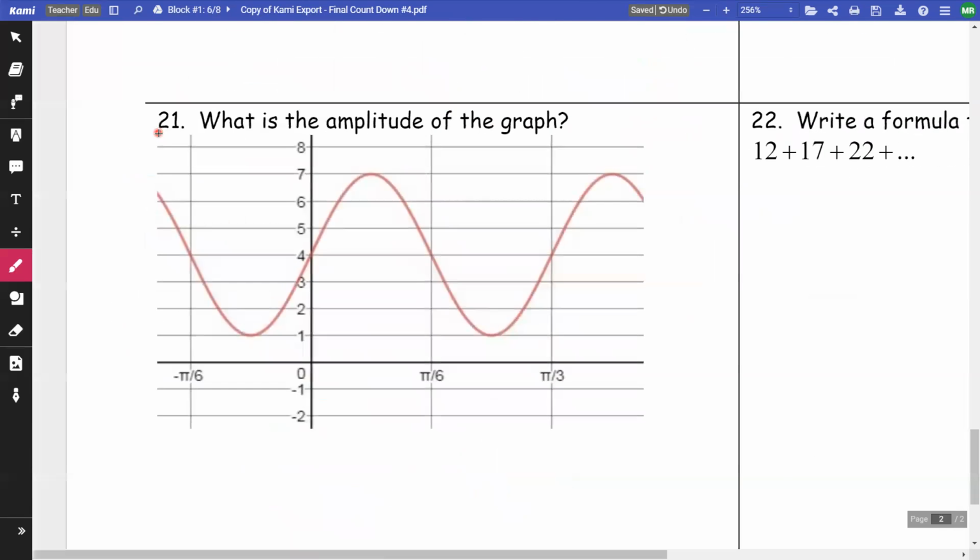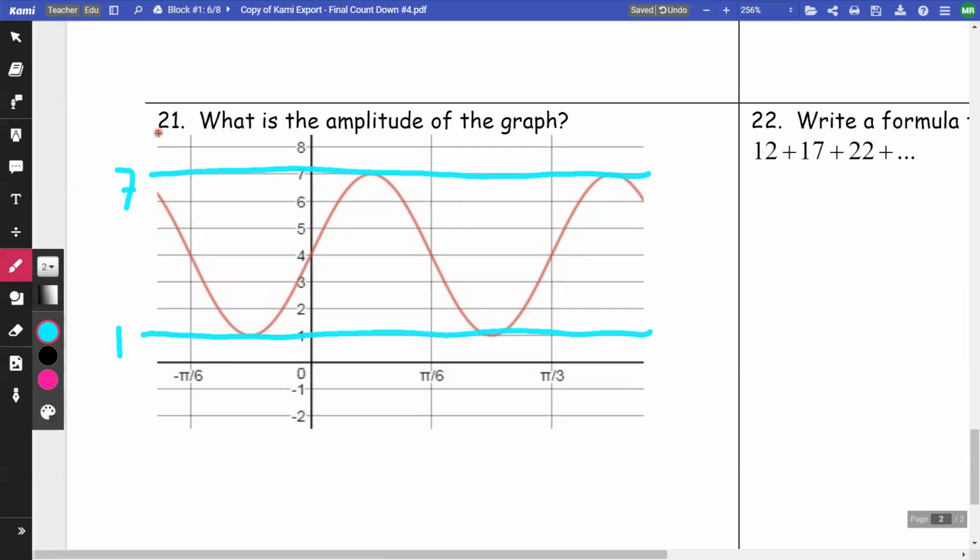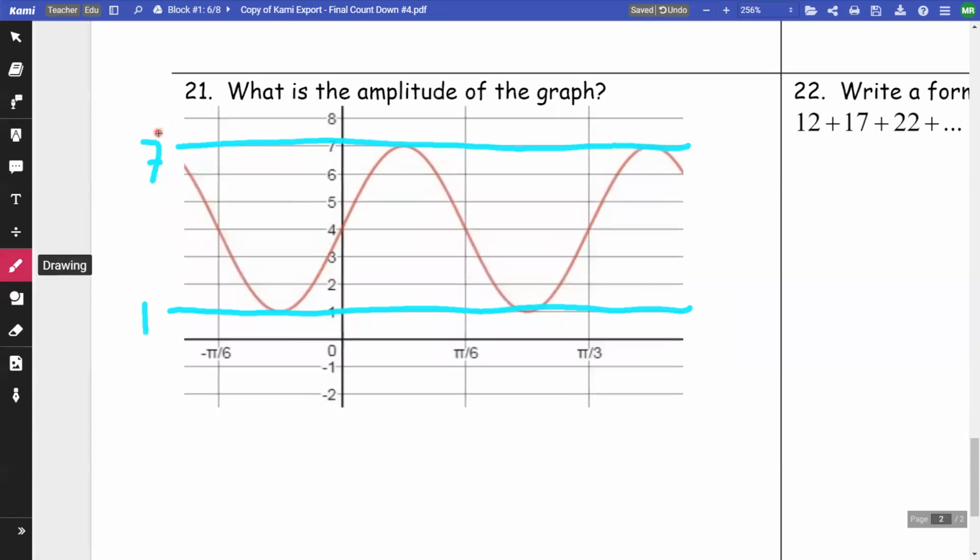Okay, on 21, what is the amplitude of the graph? I like to draw in where my high is, which is at 7, and my low, which is at 1. Halfway in between is going to be my vertical shift.